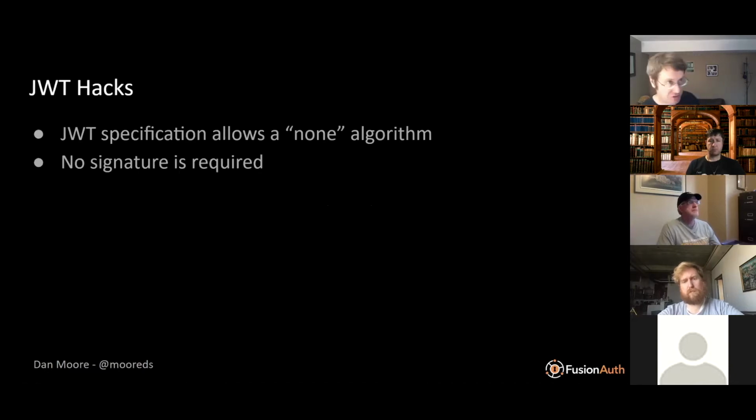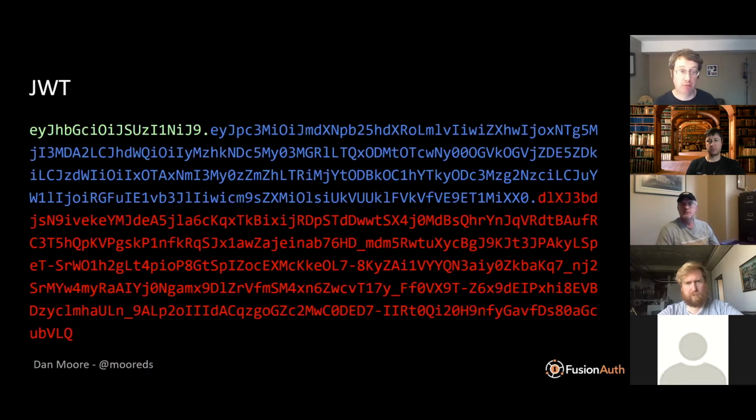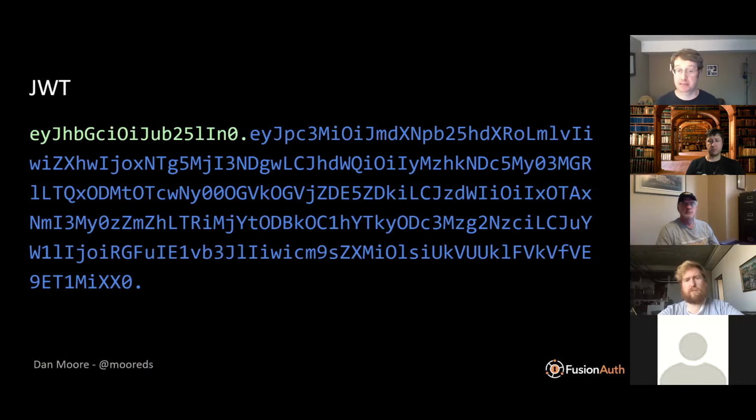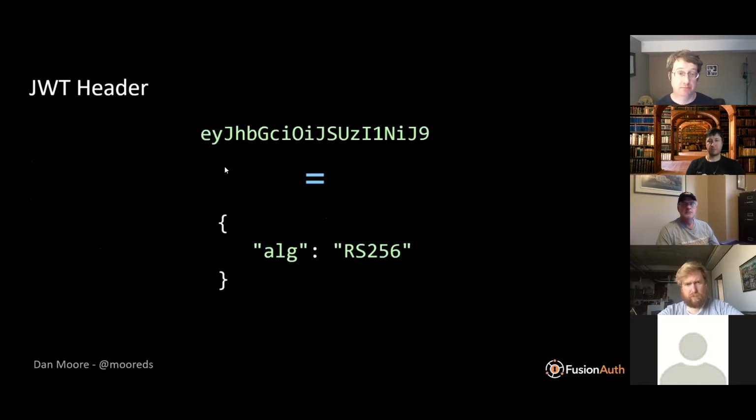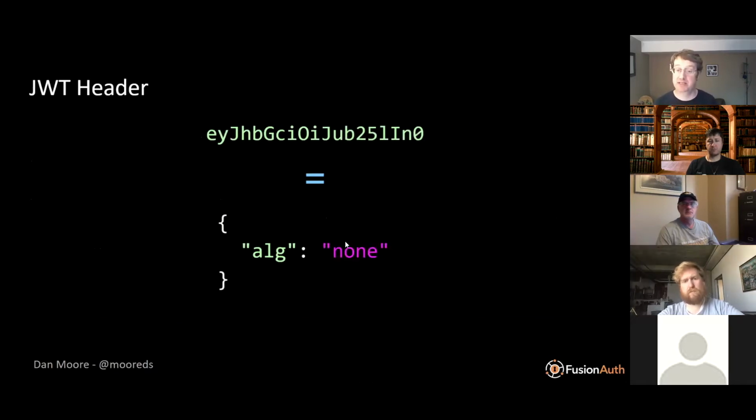Now there are some issues, like with any standard. The JWT specification actually allows for you to not sign the JWT. And so that would take a JWT that looked like this and make it look like this. So the header changes because we've changed our algorithm. We go from this header to this, where the algorithm is none.